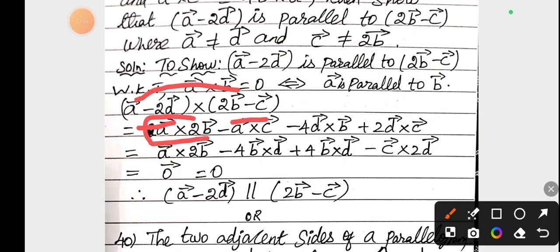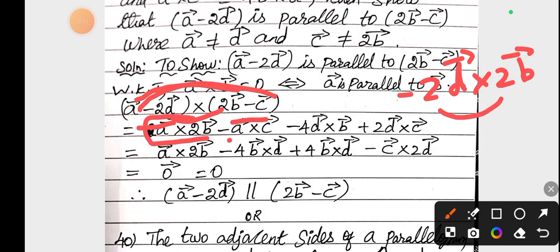Then first into second, plus A cross minus C. So the minus I kept outside, minus A cross C. Then second into first, minus 2D into 2B. So 2 twos are 4, so minus 4 B cross D.